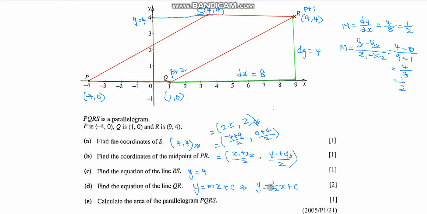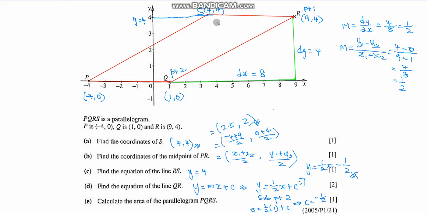So next is to substitute point Q. Y is 0, half x is equal to 1 plus c, so from here c becomes minus half. Therefore this equation becomes y equal to half x minus half. That's it. That's the equation of QR.